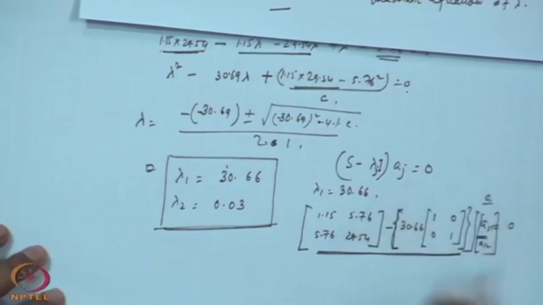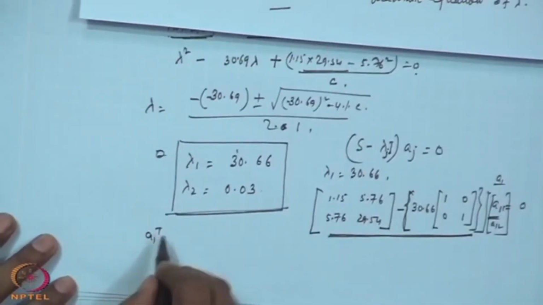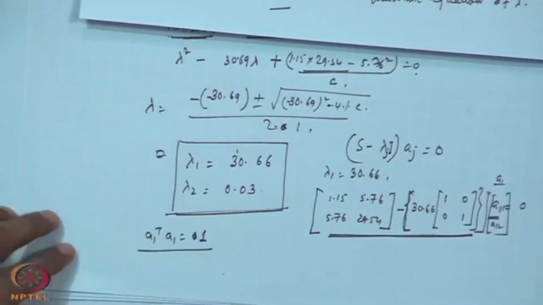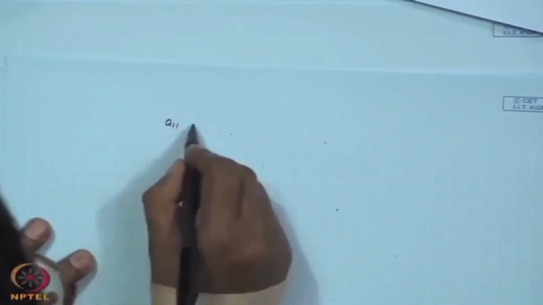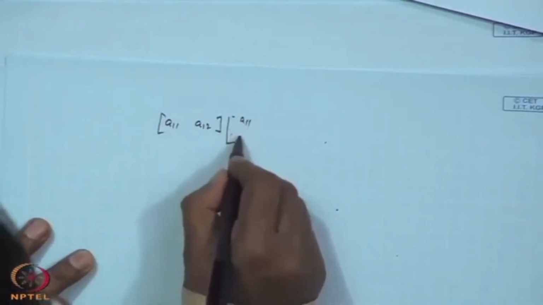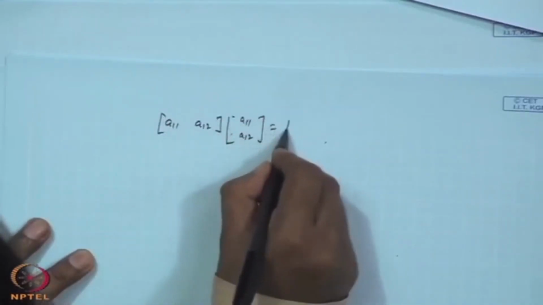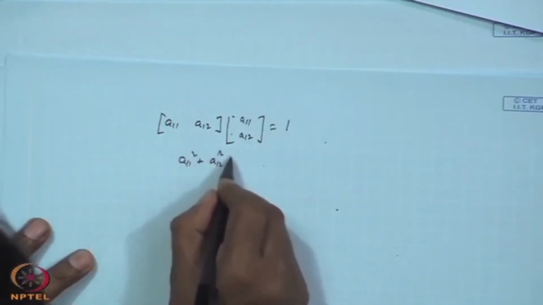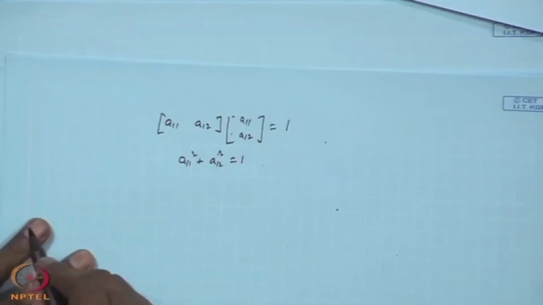So, in order to restrict that, what we will do is A1 transpose A1 equal to 1. So, A1 transpose A1 is A11, A12 times A11, A12, and that is 1. So, A11 square plus A12 square equal to 1.